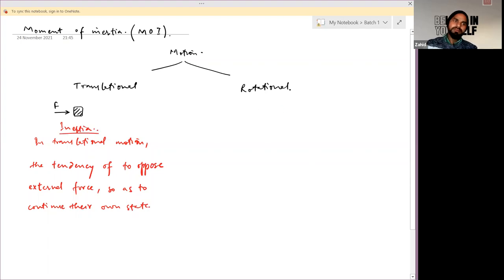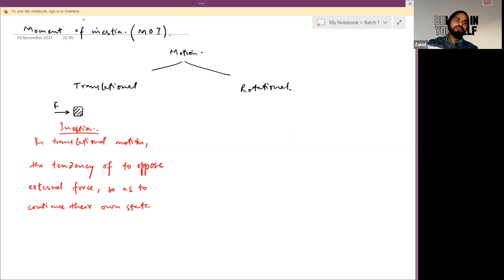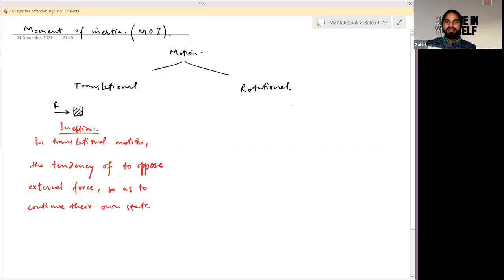Similarly, in rotational motion, suppose there is a body which is revolving along circular path around given axis, at some fixed distance like this along this path.